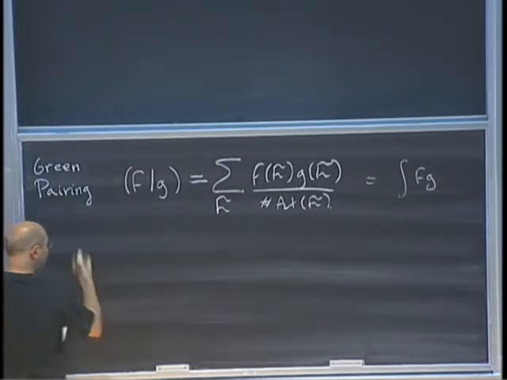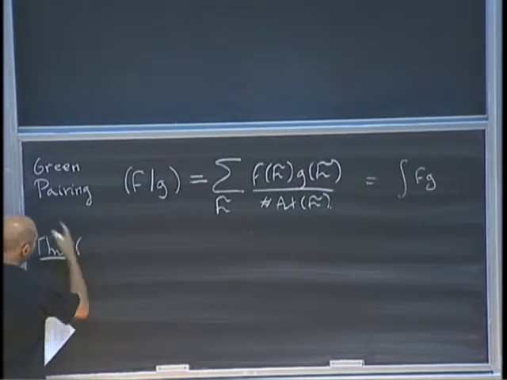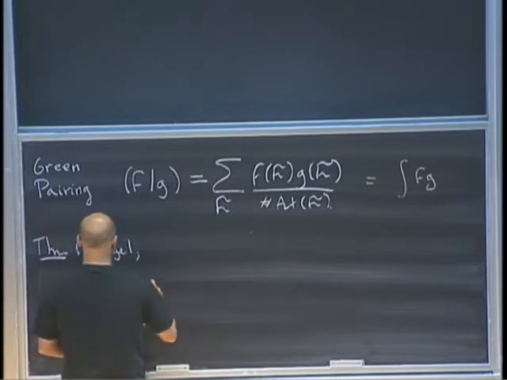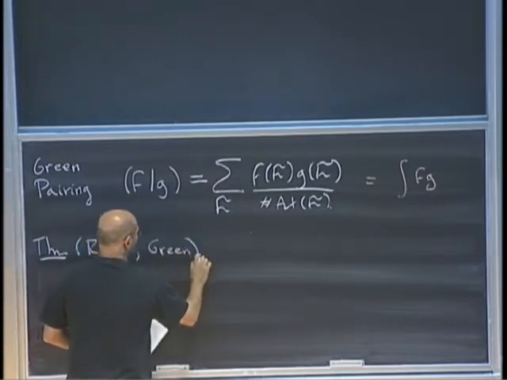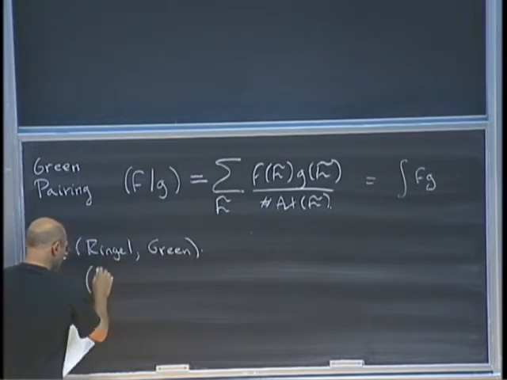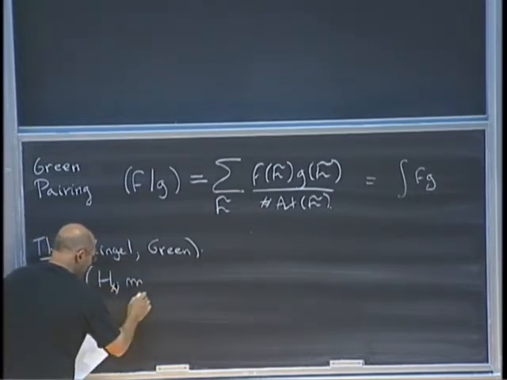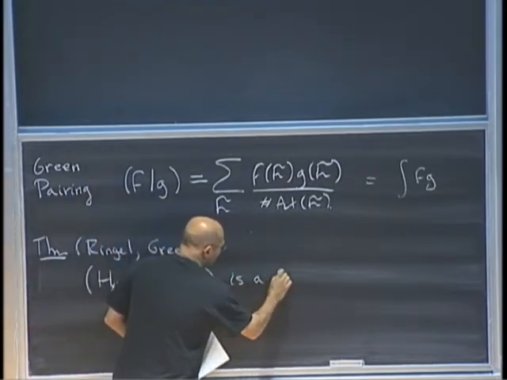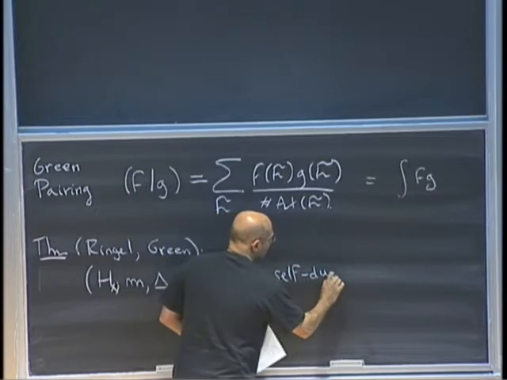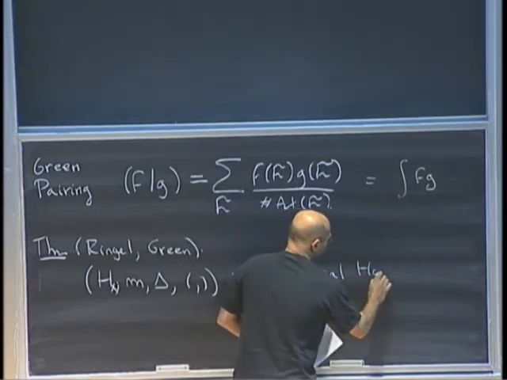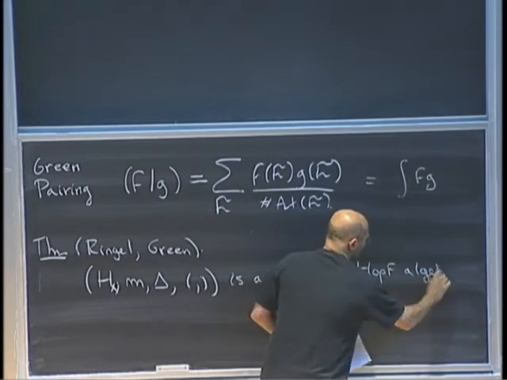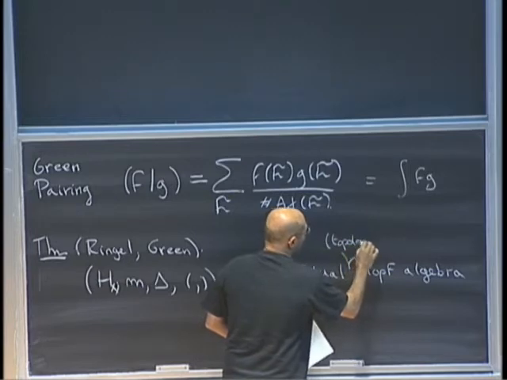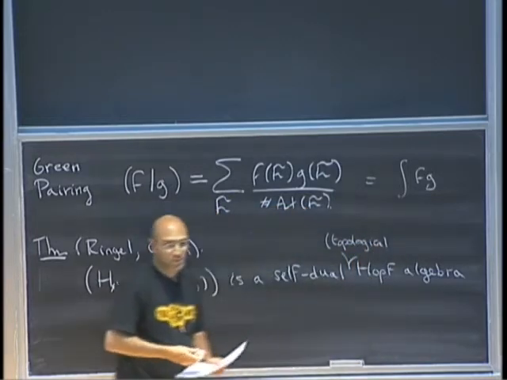And the fundamental theorem is the following. So this is what Green proved. And Ringel studied the algebra structure before. It says the following. If you look at this algebra, H, and the co-algebra, and you have this Green pairing, this is a self-dual Hopf algebra. And I am cheating a little bit. This is a topological Hopf algebra because the coproduct lands in a completion, but this is not really a problem.